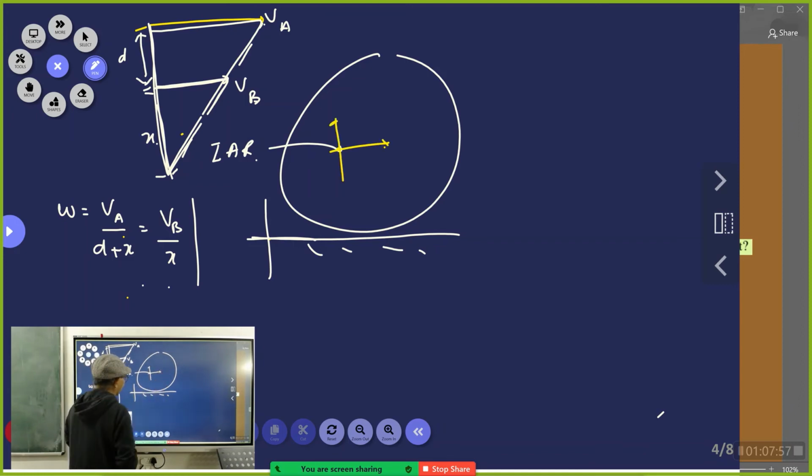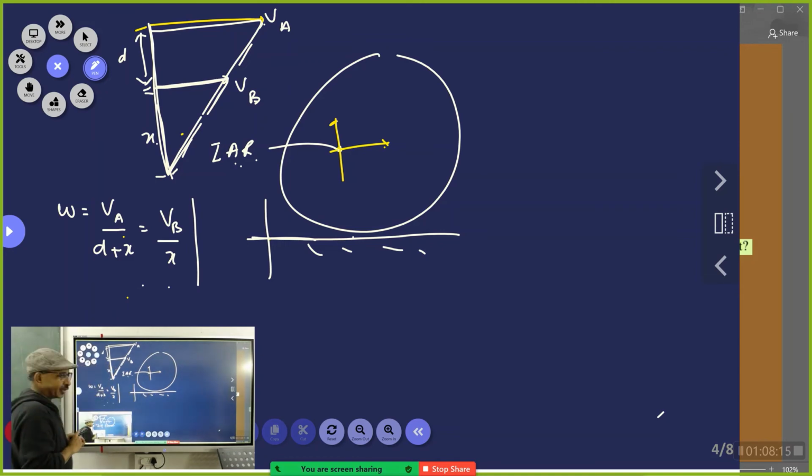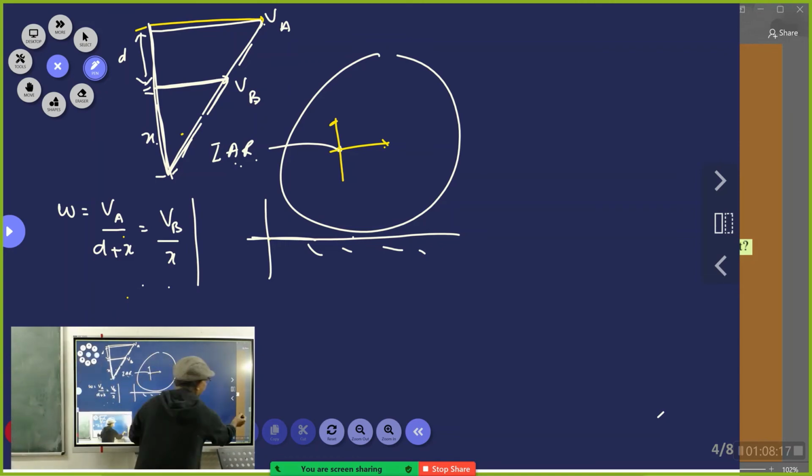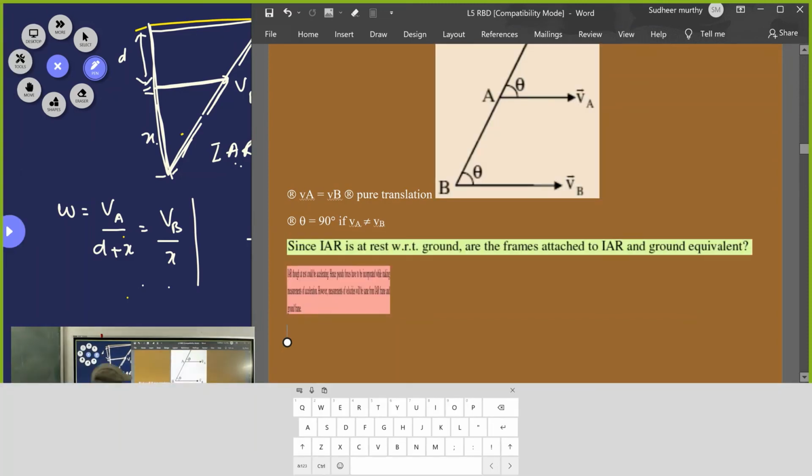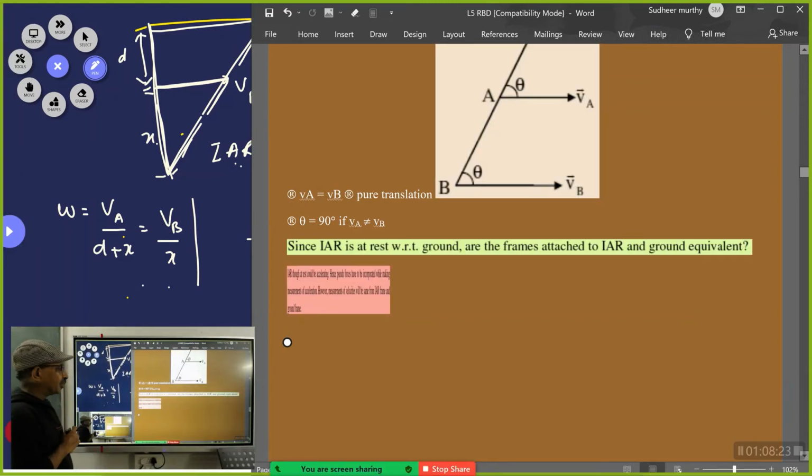This IAR is at rest with respect to ground. And I am drawing two frames of reference, one with respect to this, one with respect to this. Now read the question. Are the frames attached to IAR and ground equivalent?